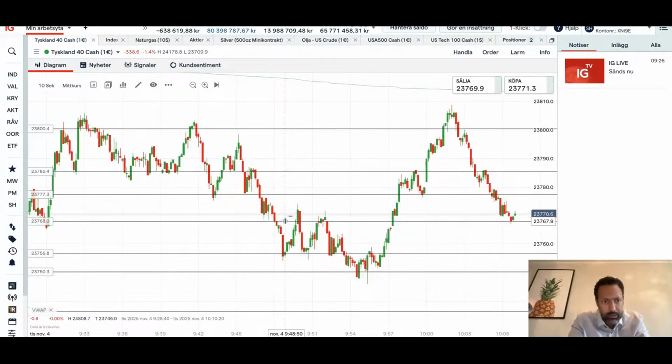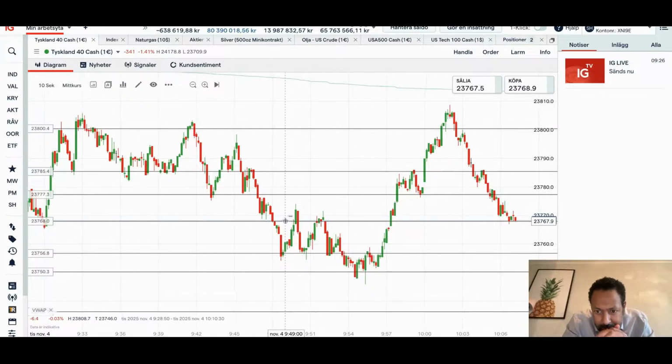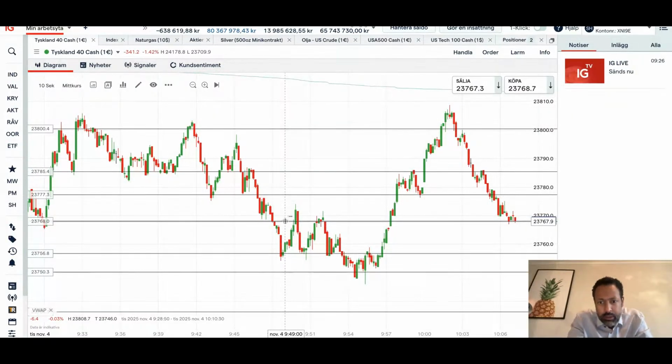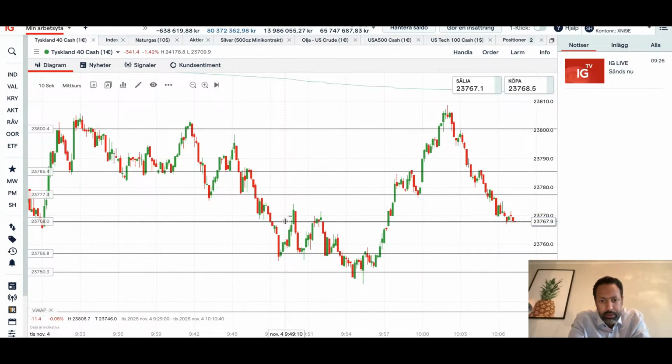Let's lock in some profit here. Yeah. Let's see here. We can move this one, but it looks like it's coming down more. Yeah, we don't want to get stopped out. Stick with it.